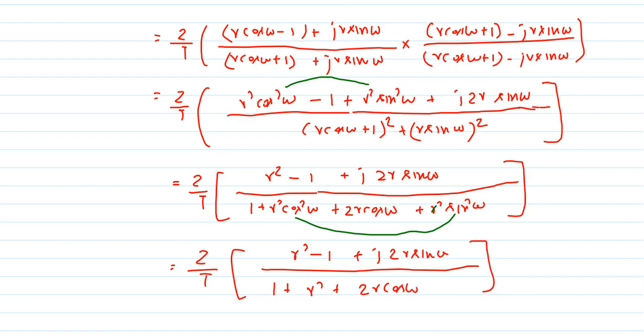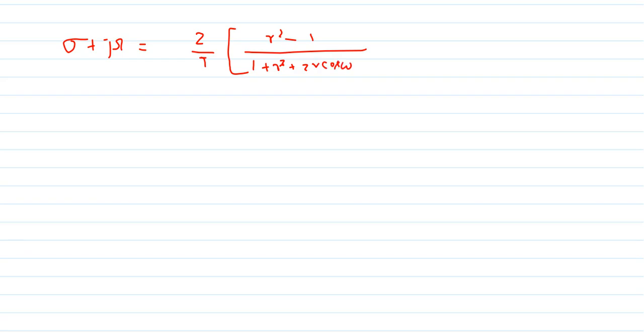Now we can easily separate into real and imaginary parts. So sigma plus j omega is equal to 2/T times (r² − 1)/(1 + r² + 2r cos ω) plus j times 2r sin ω/(1 + r² + 2r cos ω).